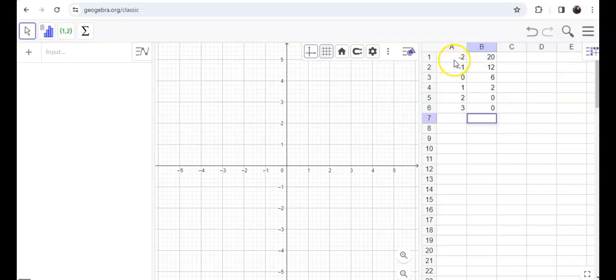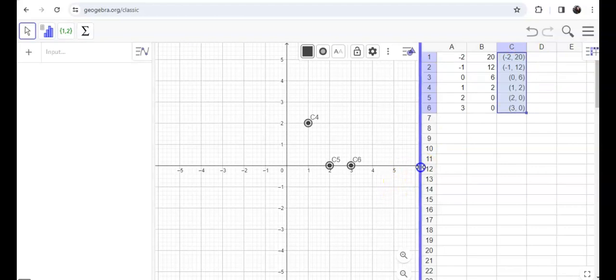Okay? And then each row here is an ordered pair, a point. So here at column C, we will put the points. So just type equal sign, open parenthesis, and click on negative 2, comma, 20. Okay, that becomes an ordered pair, a point. And then drag this cell going down.